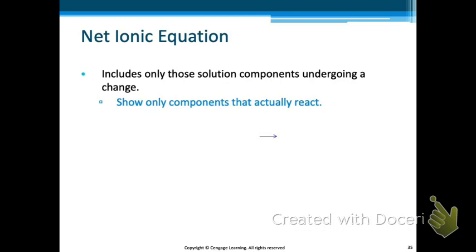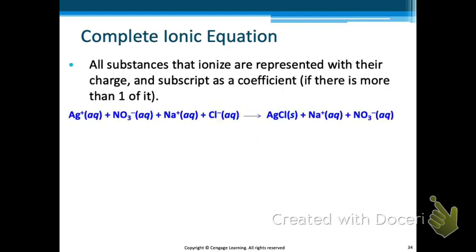Let's look at our complete ionic formula again and see what happens to get to our net ionic formula. Which is our solid here? AgCl. And which of our reactants helps us get to our solid? Don't silver and chloride have to help us get to our solid?